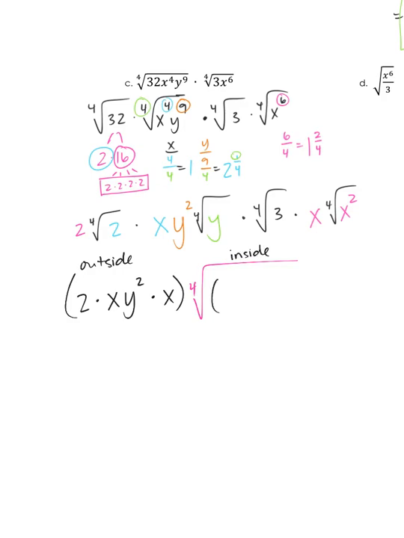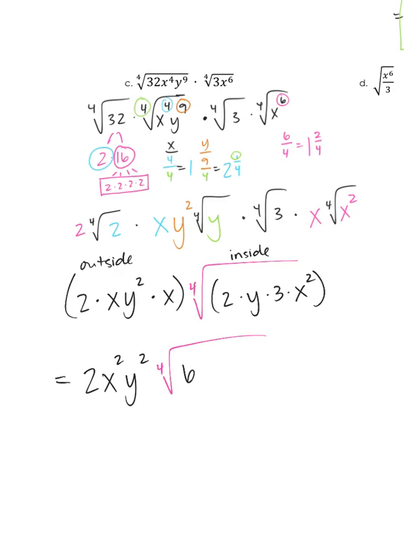I'm going to multiply those together. So 2 times y times 3 times x squared. And then I'm just going to clean this up. So this becomes 2x squared y squared. I've got my fourth root, and this becomes 6x squared y. And that is my final answer.